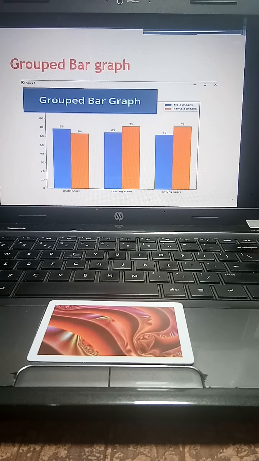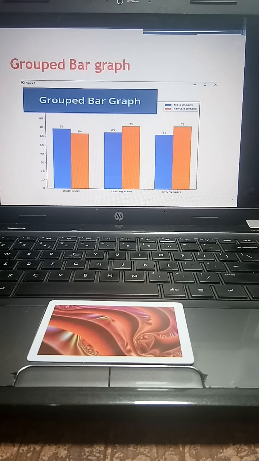Then next is the grouped bar graph, in which we are taking two variables. Like here we are giving the presentation of the scores of the male as well as the scores of the female. Like maths, first one is showing the math score of the males and the math score of the females, and the second is the reading score of the male and female.